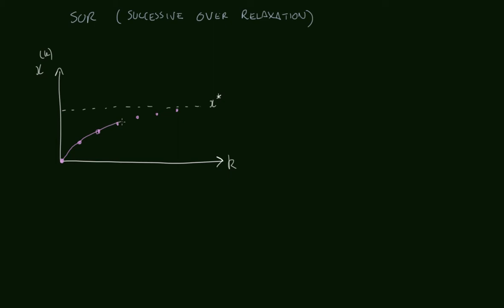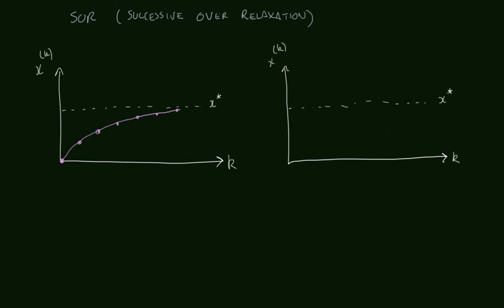If I was to draw a line through these points, what you're seeing is as we go through our iterations, our solution is getting closer and closer to our actual solution, which is what we want. We could also have another form of convergence. Doing the same set of axes here, this is again going to be xk, and that dashed line is our actual solution, x star, which we don't know.